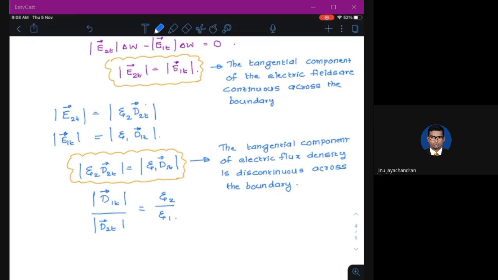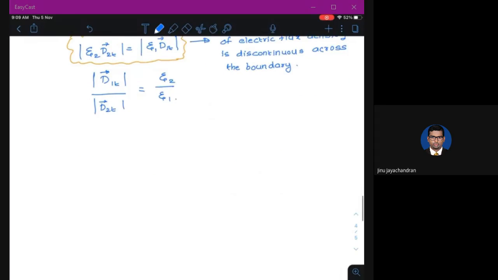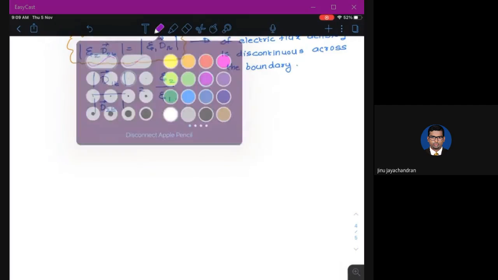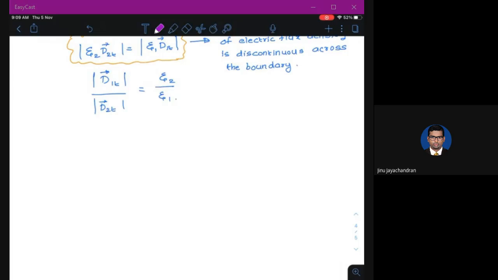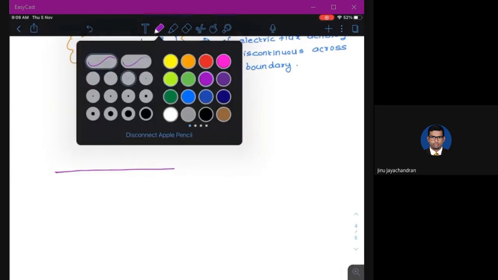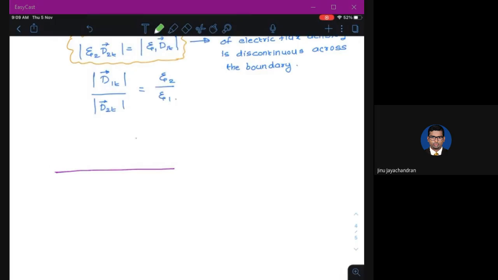Fine. So we have found out how the tangential component of electric field and the electric flux density varies across the boundary. We have one more component, which is the normal component. To find out how the normal component varies, we construct a cylinder.